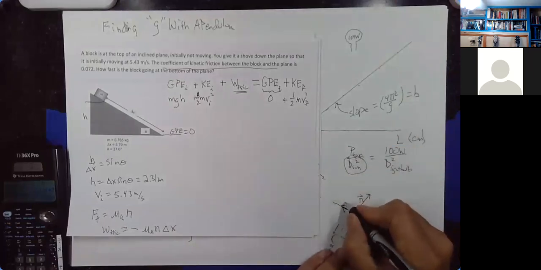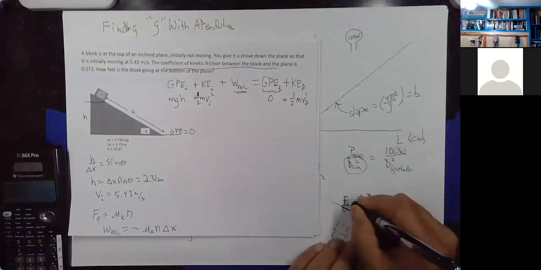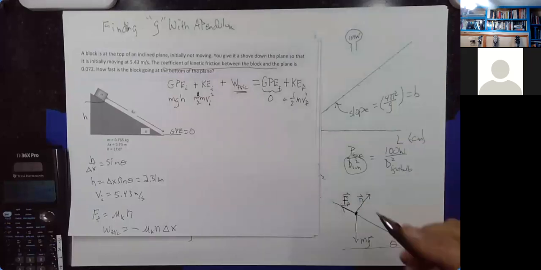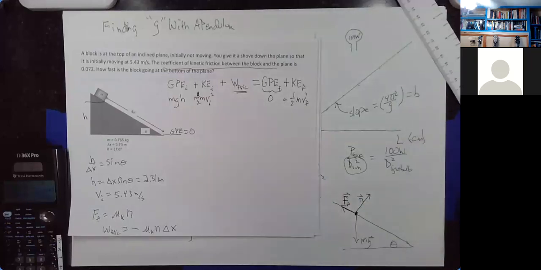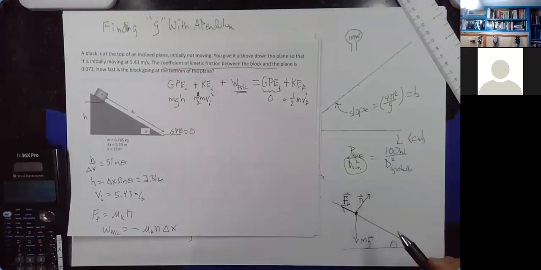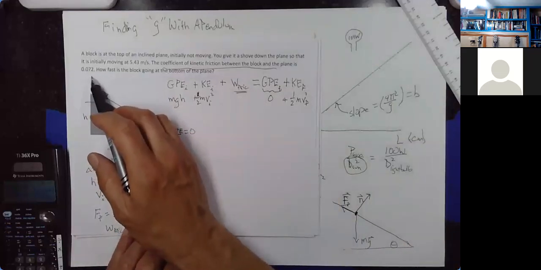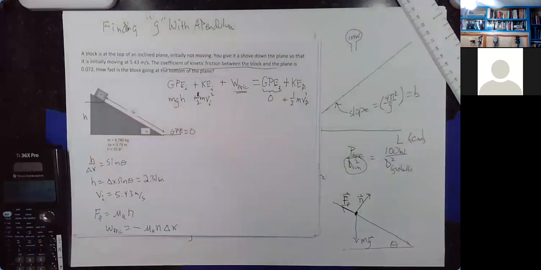And so I'll have the force of friction up there, but that's up the plane. Now, all the action takes place up and down the plane, and there's probably going to be acceleration here. Actually, I would expect it to accelerate because it's a really slick plane. The coefficient is 0.072. That's a small coefficient of friction.